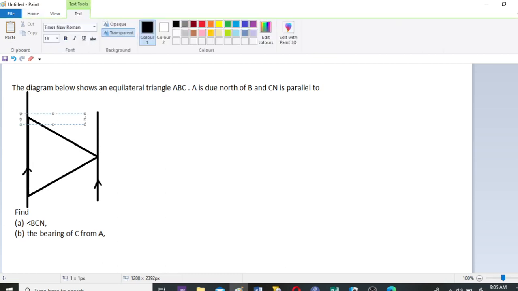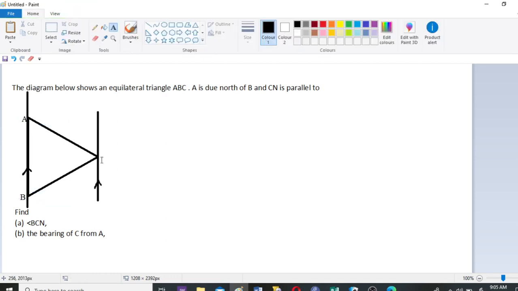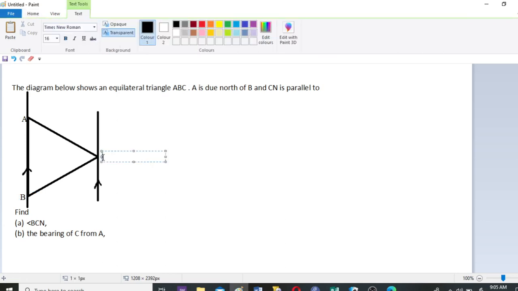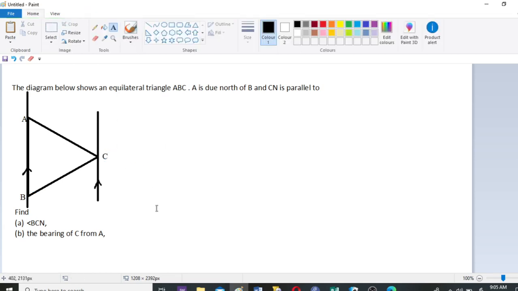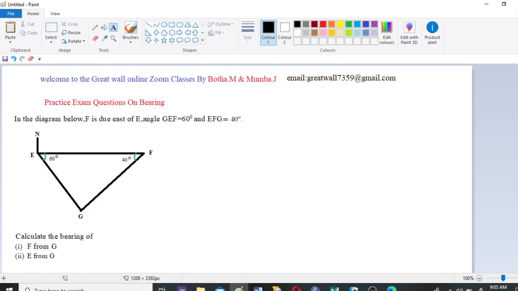It's supposed to be in capital letters, so we have A there, we have B, and here we have C, isn't it? Yes, we have C there, right? Okay, now we are good to start with the first one.